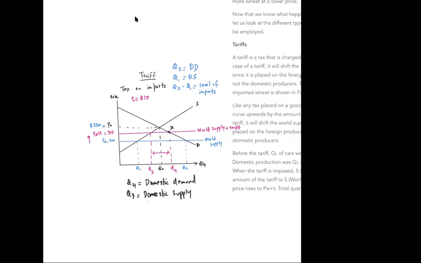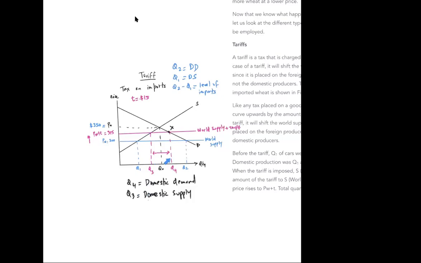Why is my domestic supply going up? Because now when you make the price 315, more domestic producers are able to match this price, which means Q4 minus Q3 will now be your level of imports.